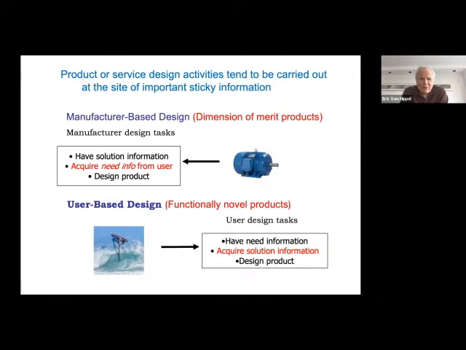So what we find is that because somehow it is so darn difficult sometimes to transfer sticky information to the producer site, which is the normal assumption of market research, it's just sometimes so hard to do that you have to instead transfer the innovation activity to the site of sticky information.